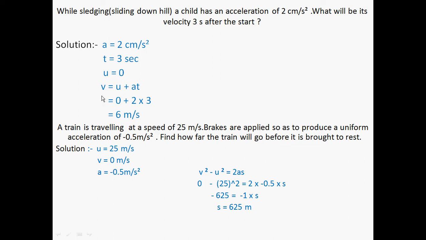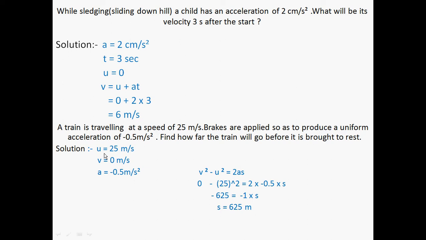So in this way the velocity will be v is equal to u plus at. What is u? That is 0, a is 2 and t is 3 seconds. So in this way the velocity will come out to be 6 centimeter per second. It is centimeter, don't consider it as meter because the acceleration is in centimeter. So in this manner the velocity will be 6 centimeter per second.